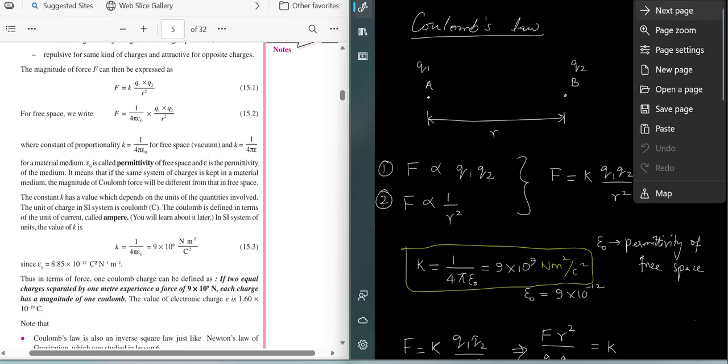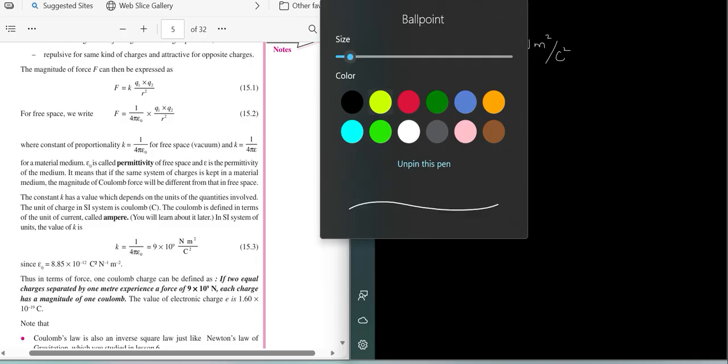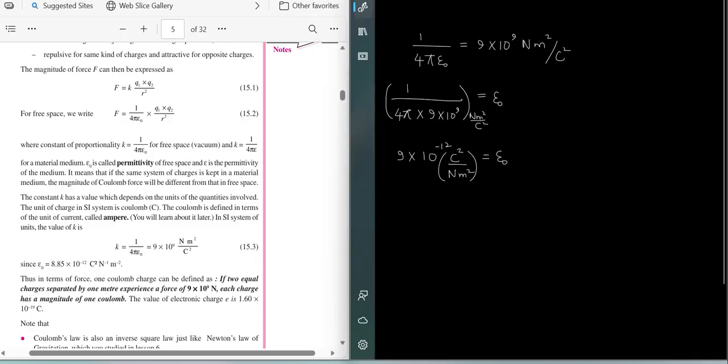What does this imply technically if you understand it like this? Now, what is the definition of Coulomb? So if I write 1 Coulomb, I will now define it. In SI units, force between two point charges separated by a distance r in free space is 1 by 4 pi epsilon 0 q1 q2 upon r square.